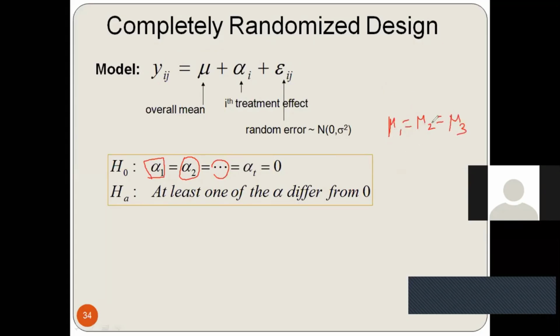If you accept this, this is treatment 1, this is treatment 2, this is treatment 3. Is there a difference between these three treatments if mu1 equals mu2 equals mu3? Anyone? Vidusha?